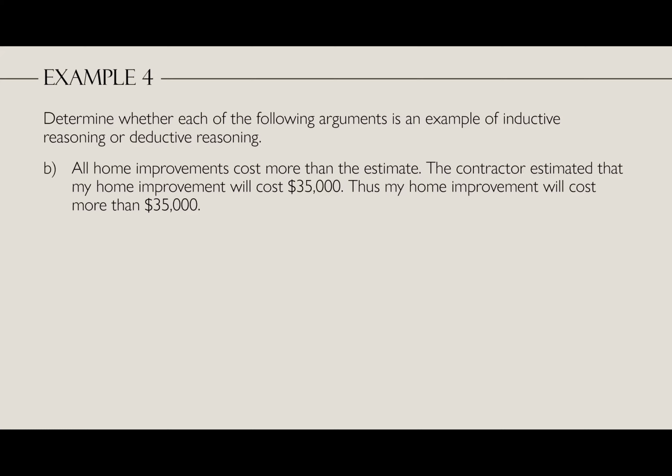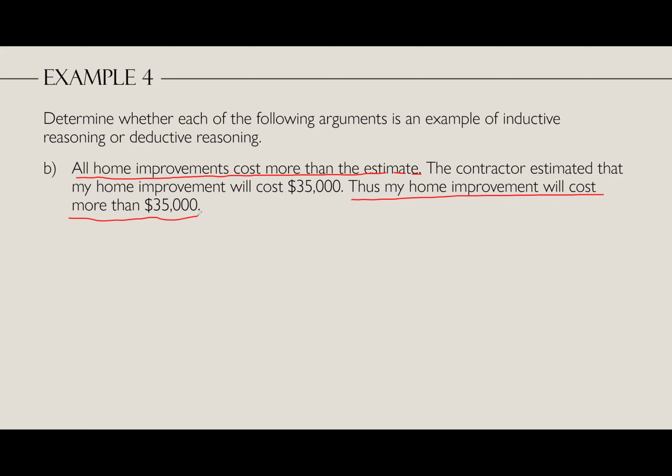Well, here, if I read the first sentence, I said all home improvements cost more than the estimate. And my conclusion is my home improvement will cost more than 35,000. So yes, I am looking at my particular scenario, but my $35,000 wasn't really the thing that led me to my conclusion fully.